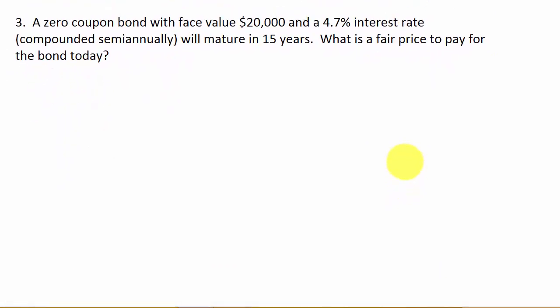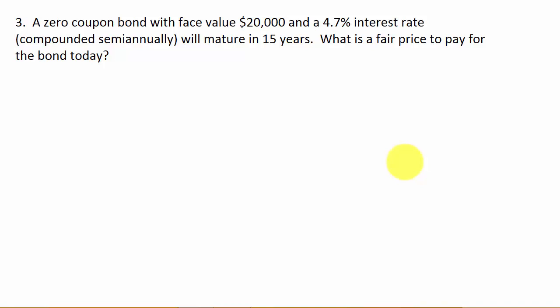We have a zero coupon bond with face value $20,000 at a 4.7% interest rate, compounded semi-annually, that will mature in 15 years. What is a fair price to pay for the bond today?